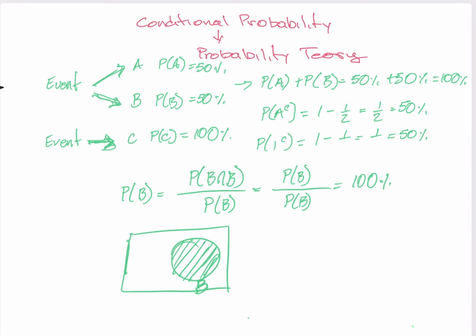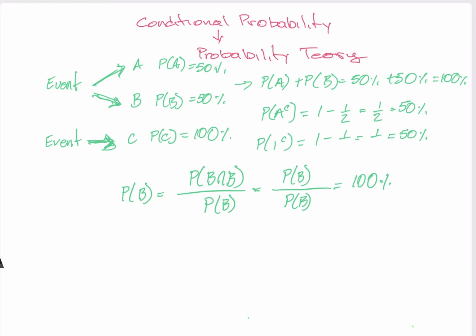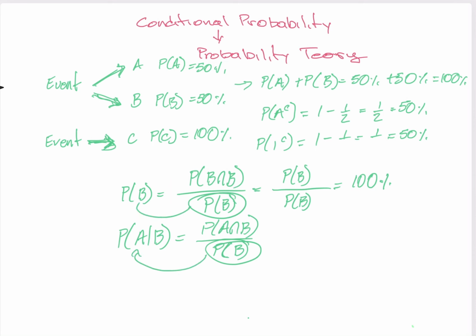When we have another event here, let's say the probability of A given B is equal to the probability of A intersection with B over the probability of B. Because B is the domain that has to happen first, so that this probability will exist.